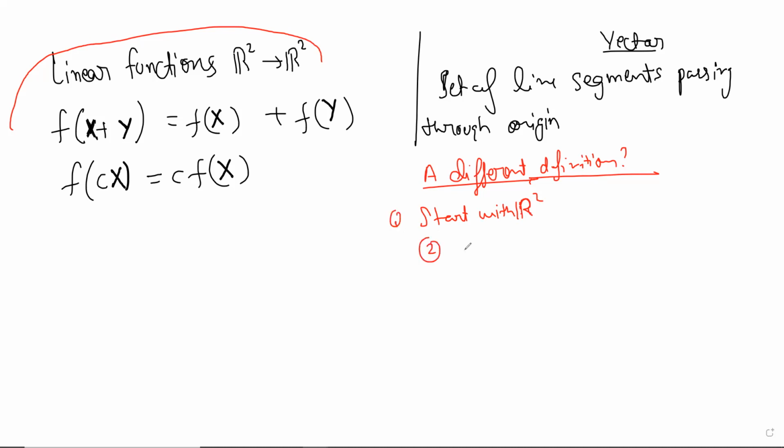And step two is you will have to look at sets of line segments in R2, special kinds of subsets. So you'll be looking at the set of line segments in R2. This is certainly correct.